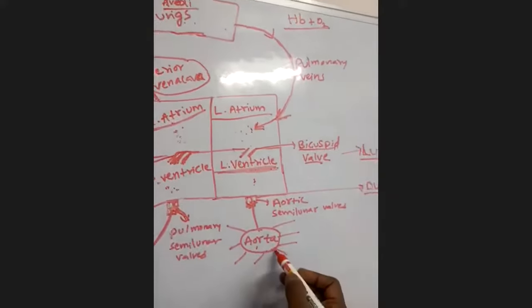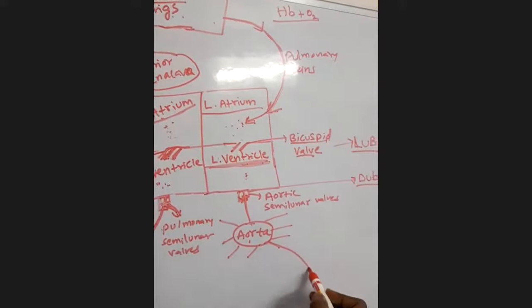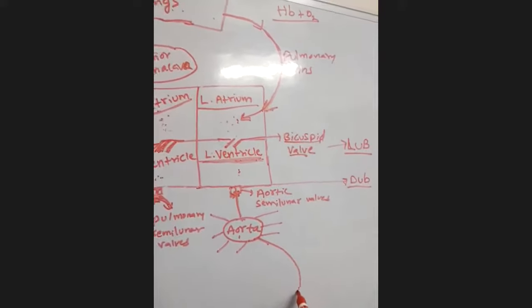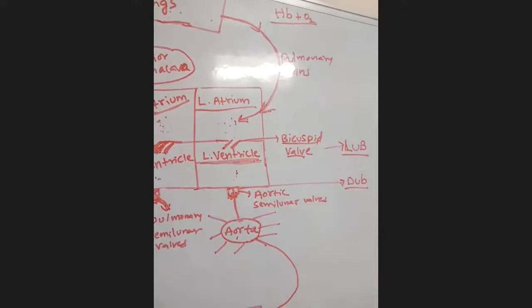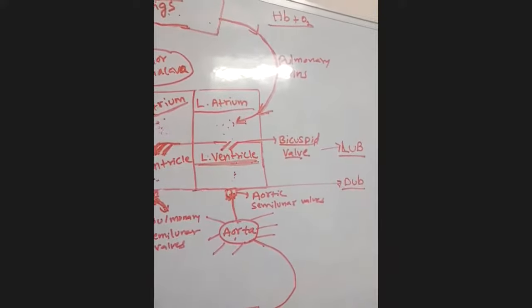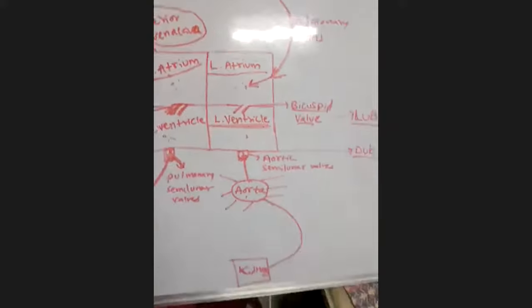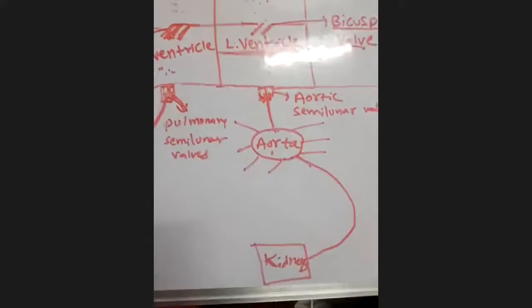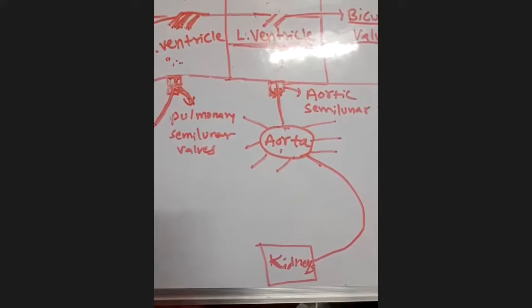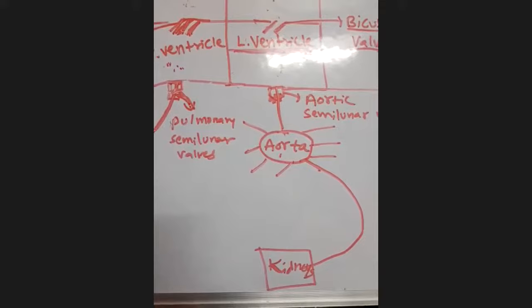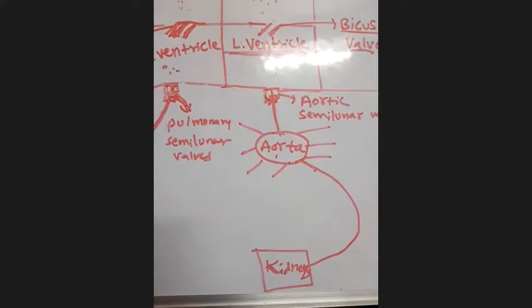Now, once the blood is moving like this, it is also moving towards the kidneys. As you know, the kidney is the excretory organ in our body, right? It is the excretory system in our body.